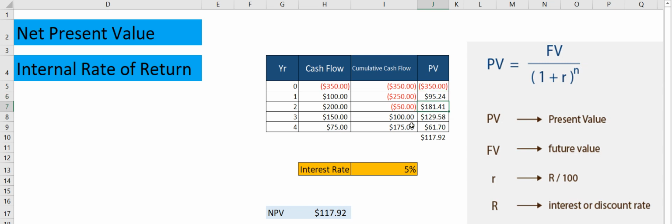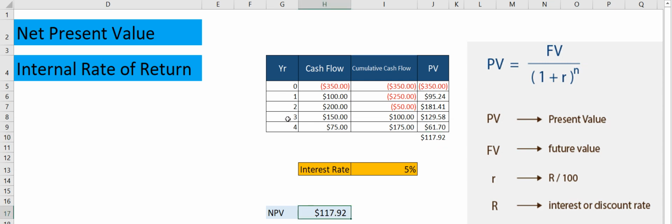Then the same with the $200 at 2 years, which is now going to be $181 for us. As such, $129 and $61, and the total sum of that is $117.92, which is called net present value.